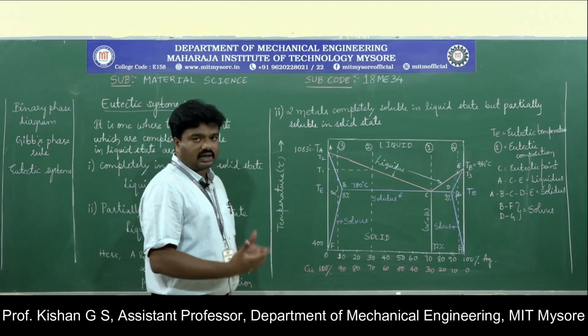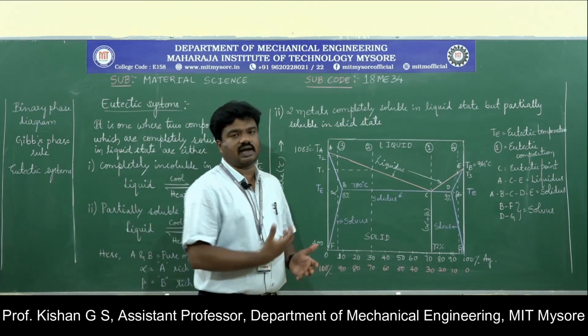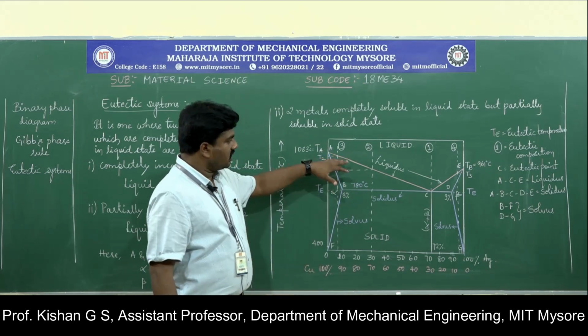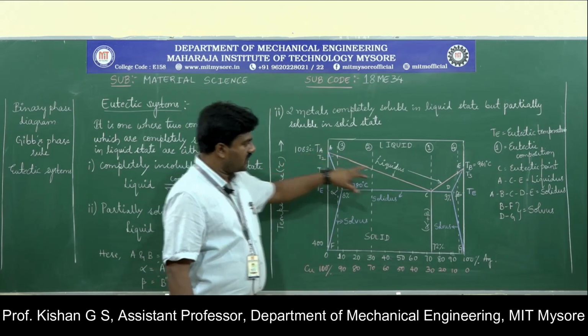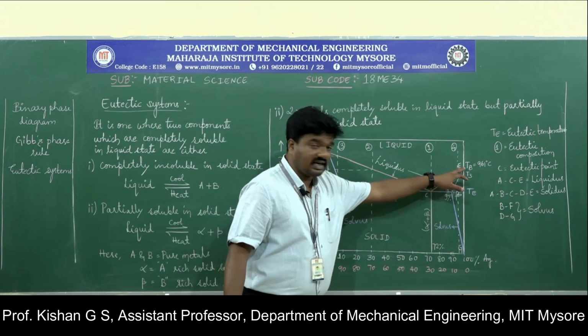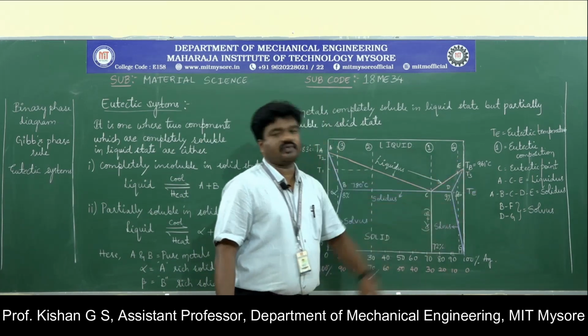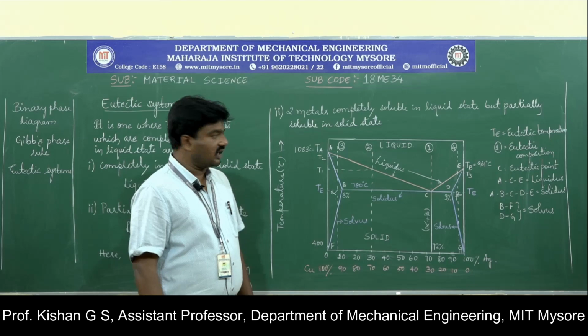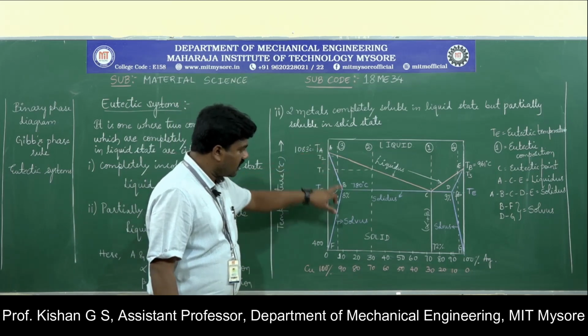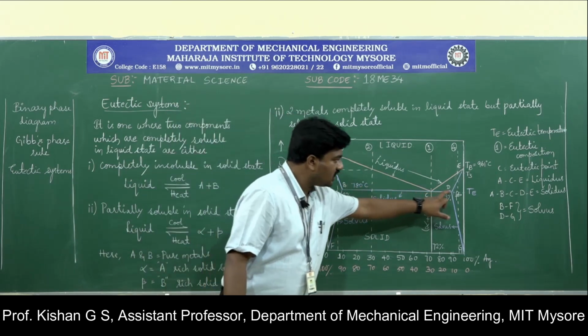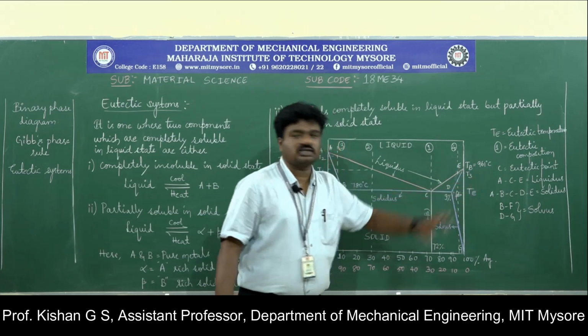Again, to understand the same diagram here, the line from A, C and E is the liquidus line, whereas the line from A, B, C, D, E is the solidus line.